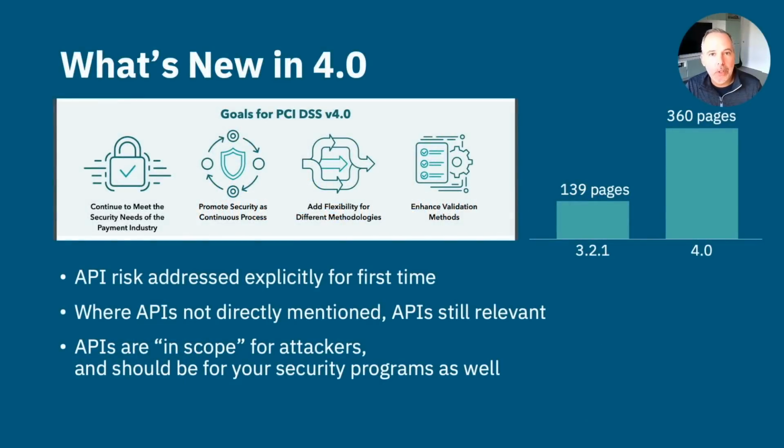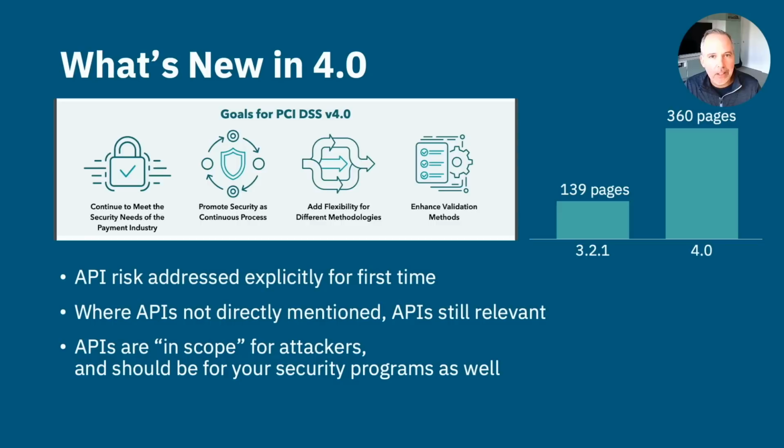Next, let's dig into what's new in 4.0. DSS 4.0 is a huge update to the data security standard. As you can see, the requirements doc itself grew by over 2.5x to 360 pages.